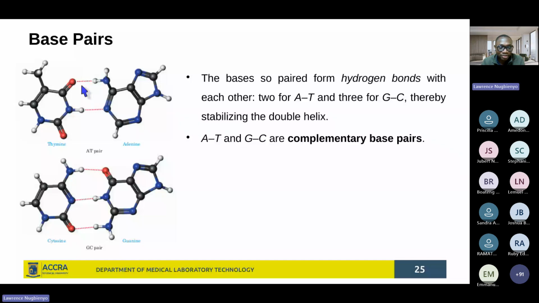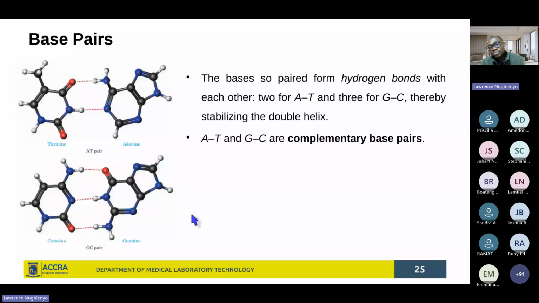So the number of hydrogen bonds between adenine and thymine is 2. Now, how many hydrogen bonds exist between guanine and cytosine? Also shown here in dotted red lines, they are 3. Three hydrogen bonds exist between cytosine and guanine.